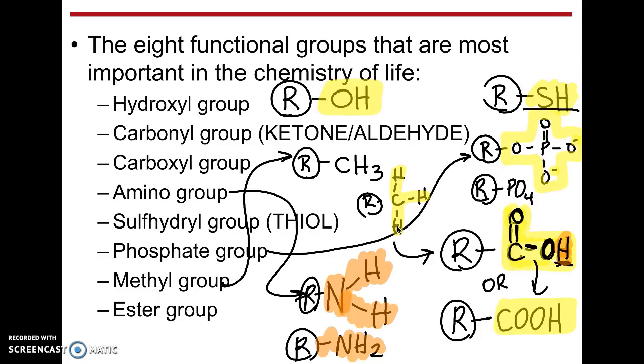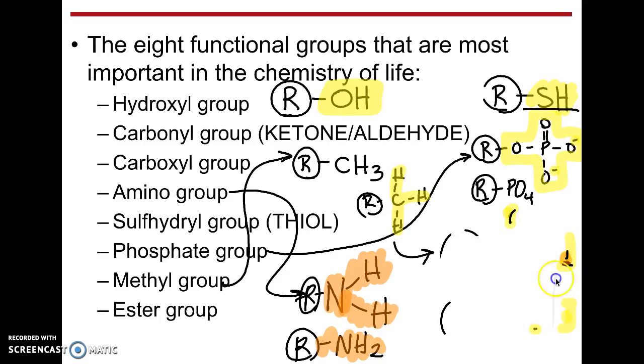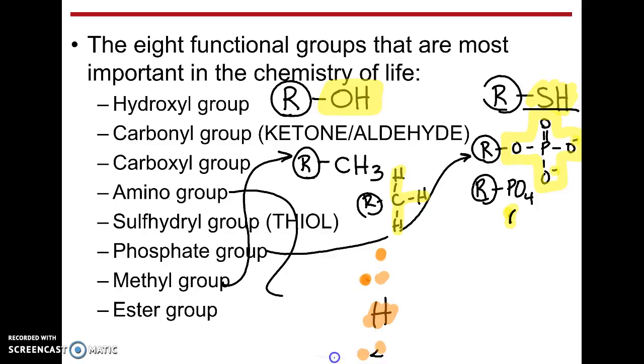All right, last one is the ester. And I'm totally out of space here. I'm going to get rid of the carboxyl here to do the ester. Actually, I'll get rid of the amino too. Okay.